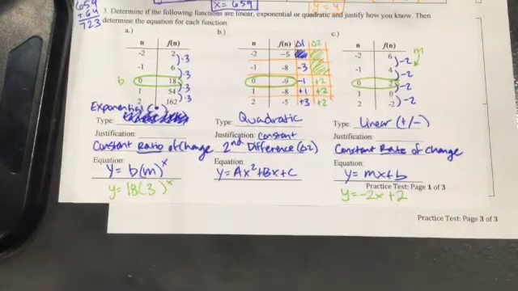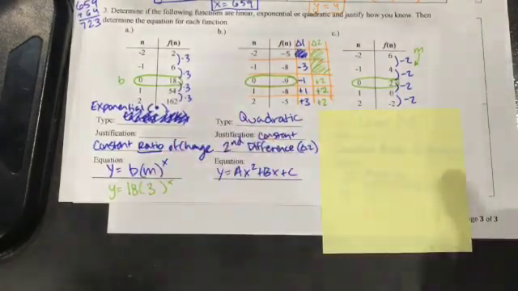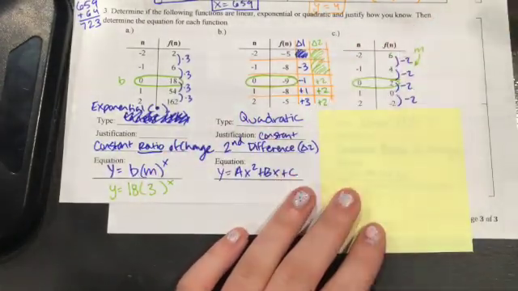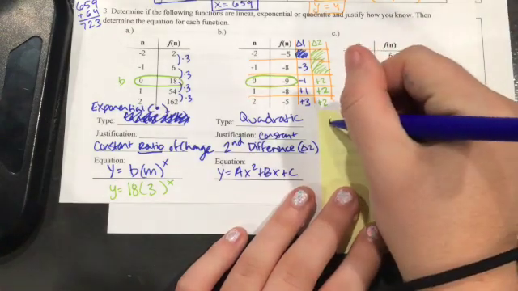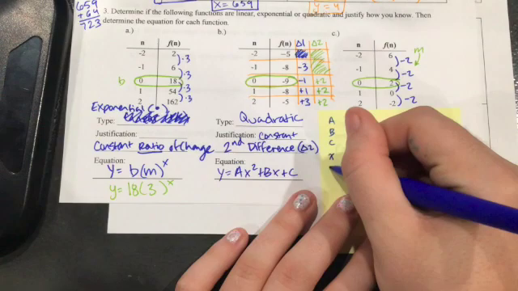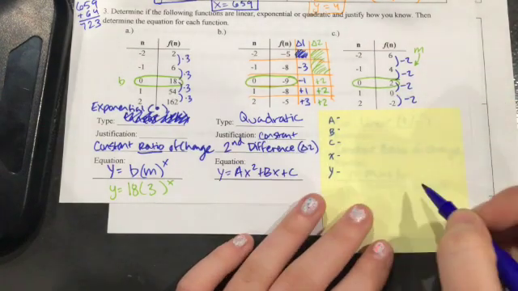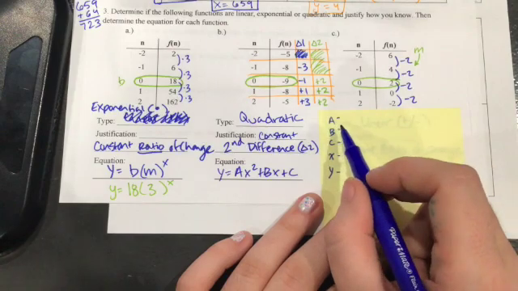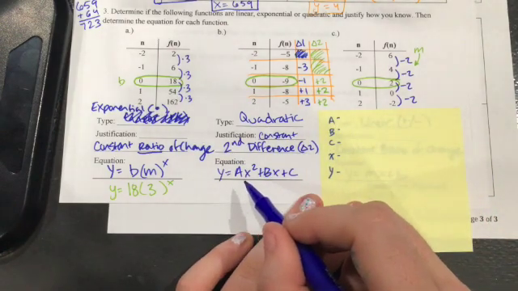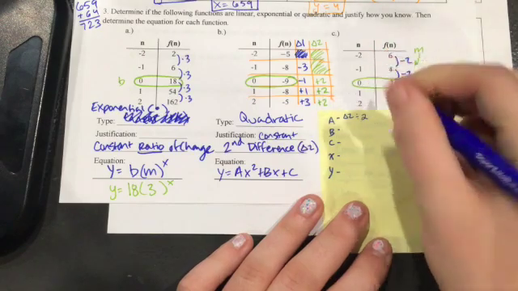This one requires a little bit more work, so we're going to need some scratch paper. I'm just going to use a sticky note for now. We need to identify our a, b, c, and an x and a y. Our a value is our second difference divided by 2.